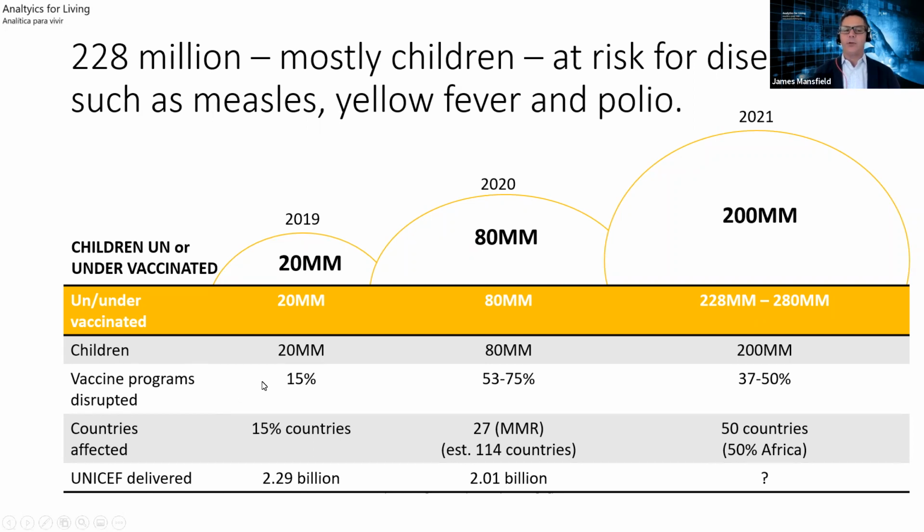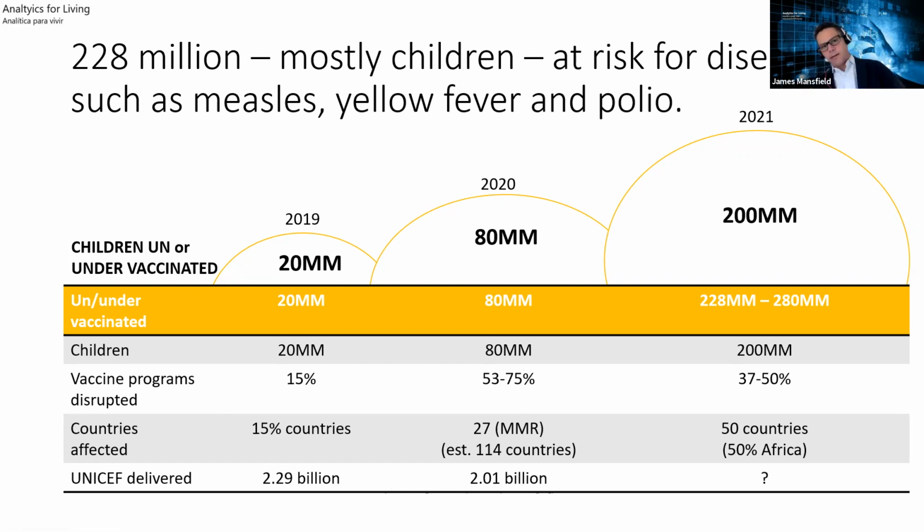You'd see vaccine programs disrupted in roughly 15% of countries. And UNICEF, who primarily delivers these children's vaccines, typically sends out about 2.29 billion vaccines, almost 2.3 billion, but still there are 20 million children who aren't vaccinated.